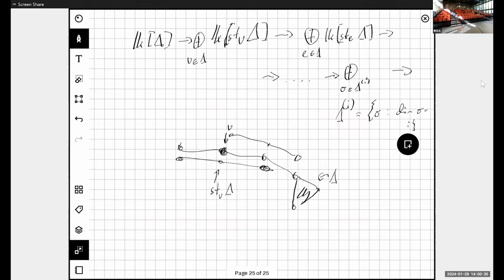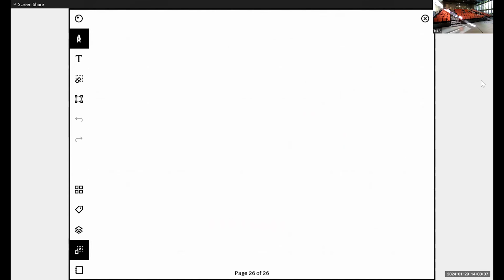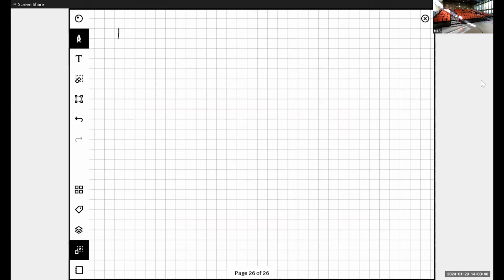So I restrict this complex, I call it P of delta, I shouldn't have called it P, there are too many P's already, but this is called P of delta, and I will denote it by a little dot. Sorry, this is not the ring of convex polynomials. This is the partition complex, what I call the partition complex.